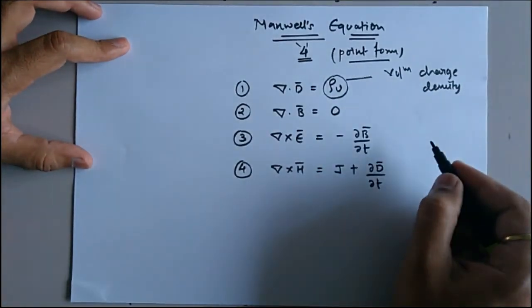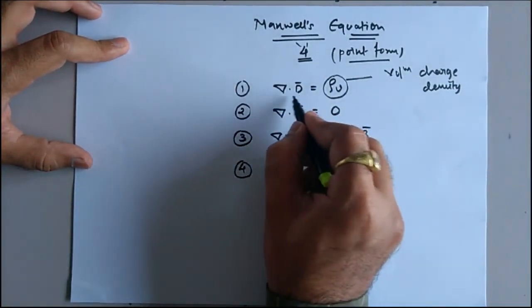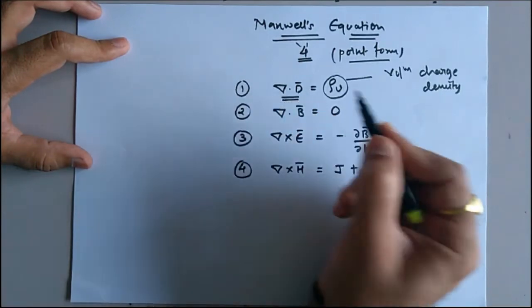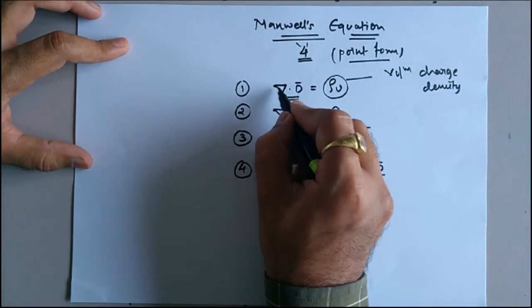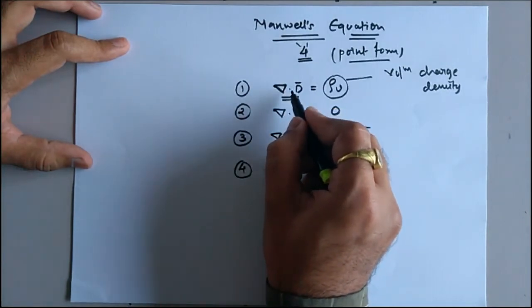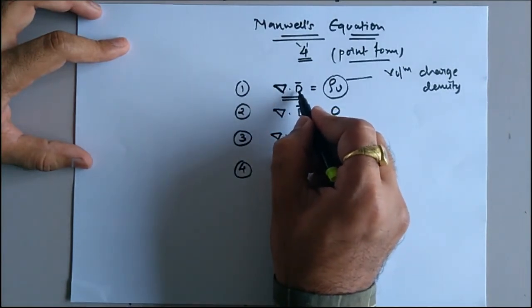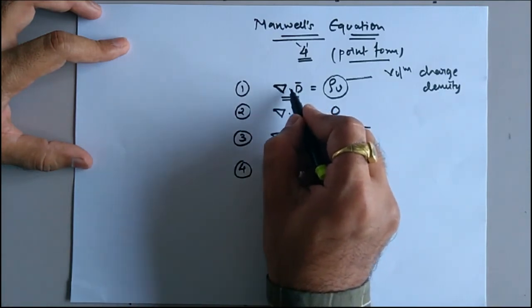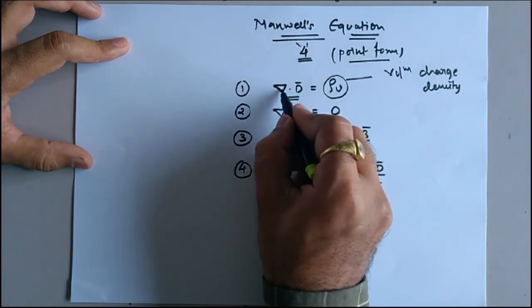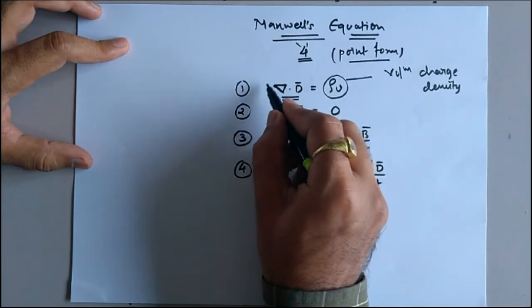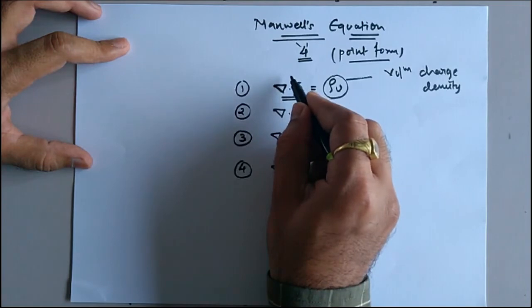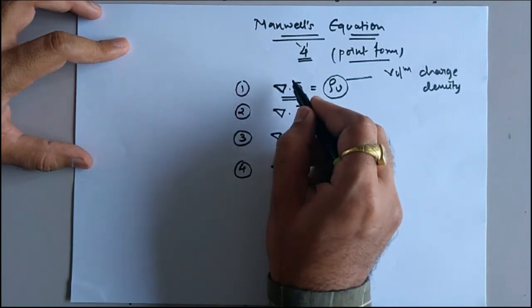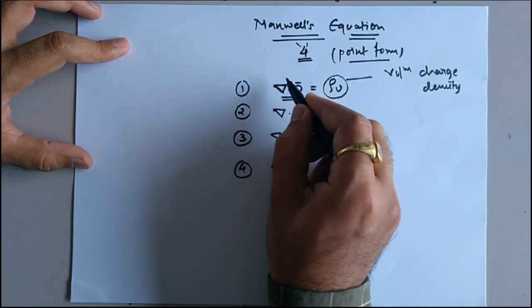In the first lecture I told you that del is an operator, basically a vector space function, and D indicates electric flux density, which is another vector. Here we are taking the dot product of del with a vector, so this operation is called divergence.